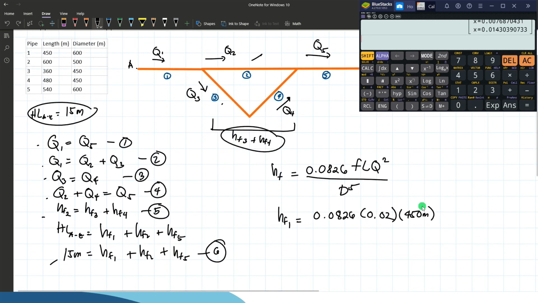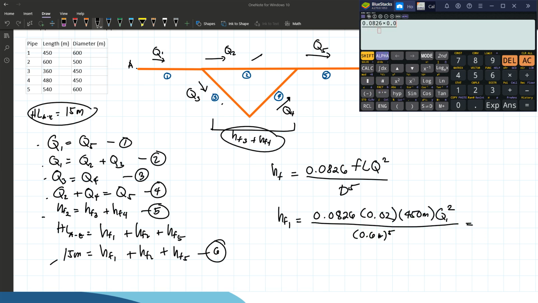None, so Q1 squared over diameter 600, so 0.6 raised to 5. Solve this. We get 9.56 Q1 squared.